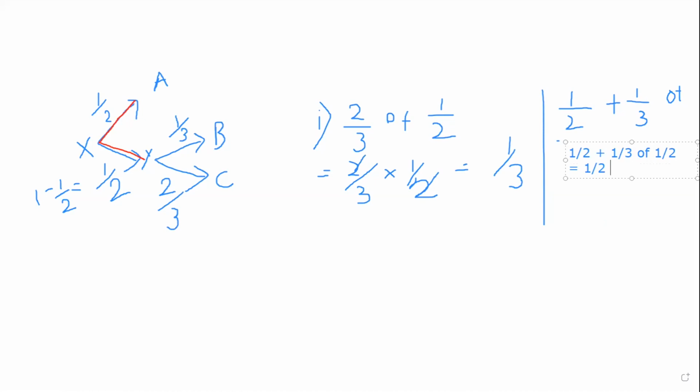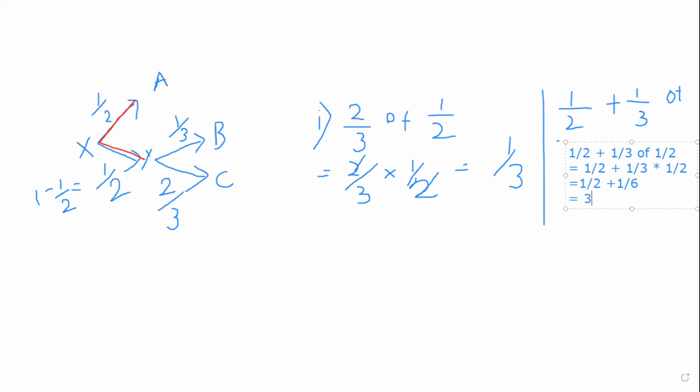Now we have to do the 'of' first. So 1/3 of half means 1/3 into 1/2. So that is equal to 1/2 plus 1/3 into 1/2, which is 1/6. So you have to make the denominator same. So you have to multiply the first part by 3.